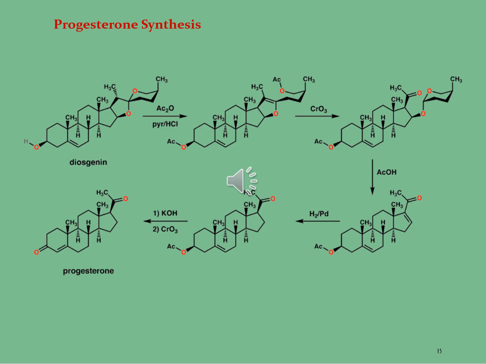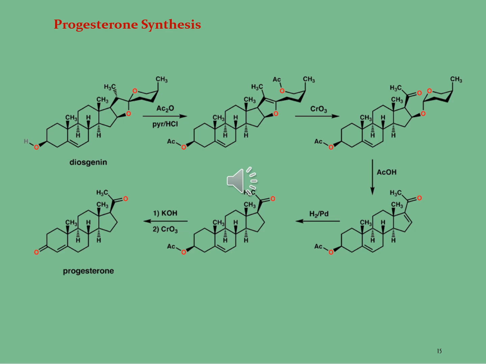The second intermediate is further treated with chromium trioxide, which is used for the cleavage of the tetrahydrofuran moiety present at carbon 17, that is the 4-membered ring of the basic steroid structure, and in this way the rupture of the 6-membered ring of the tetrahydrofuran moiety is carried out.